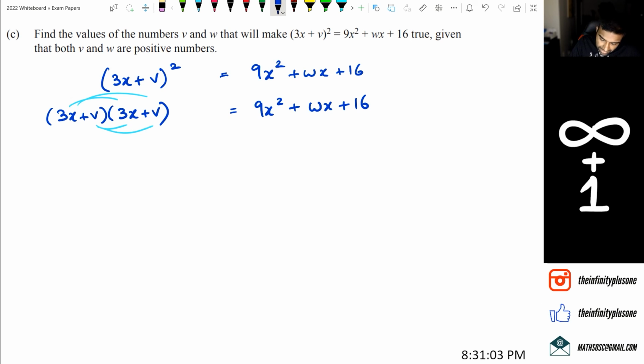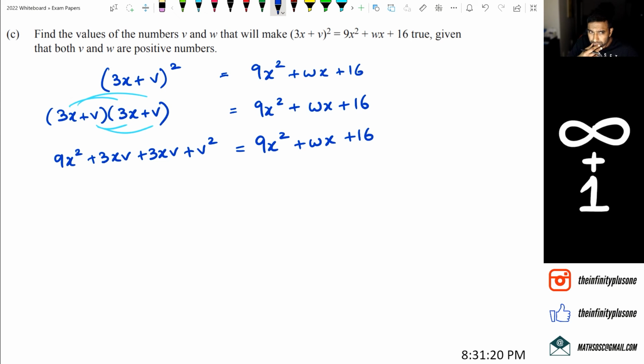So in this case, I've got 9x squared plus 3xv plus another 3xv plus v squared equals 9x squared plus wx plus 16. With that in mind, I've got 9x squared plus 6xv plus v squared equals 9x squared plus wx plus 16.